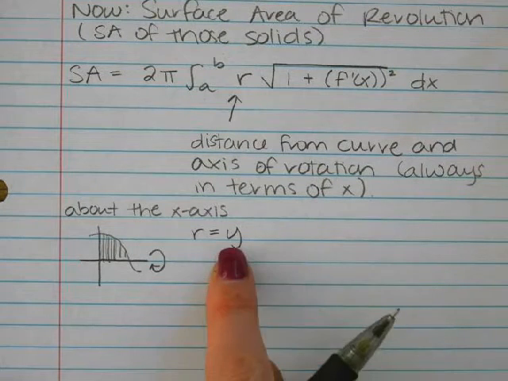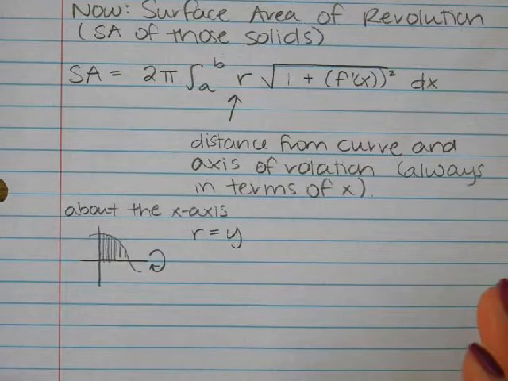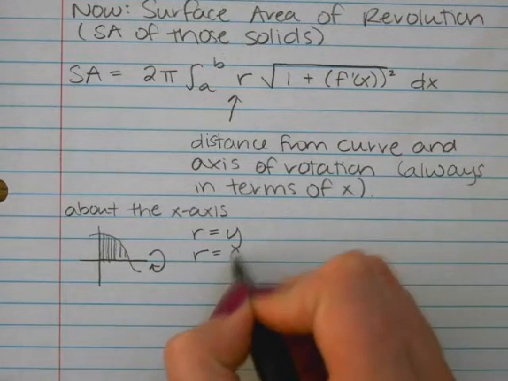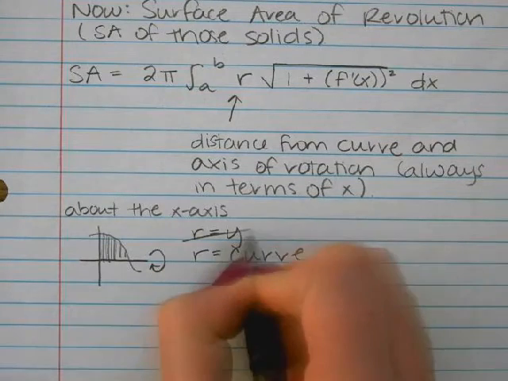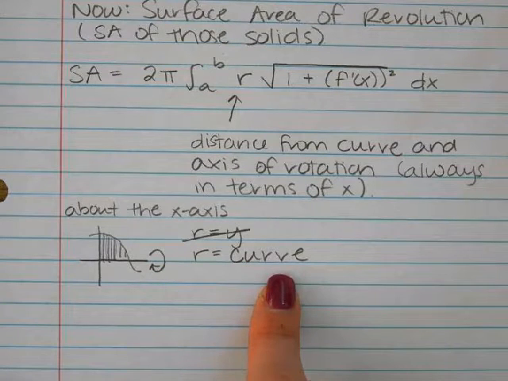Now, whenever you're given functions, you're typically given y equals some formula, right? And the formula that you're given is usually in terms of x. So instead of using r equals y as in the y value, we're going to say r equals the curve. So we can't use this because it has a y, but if we use the part that's in terms of x, then we're okay.